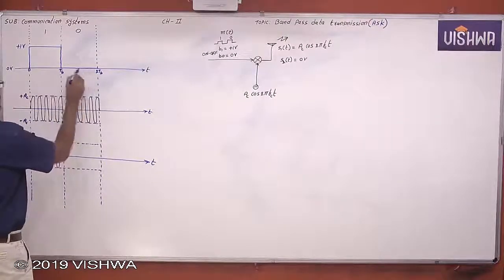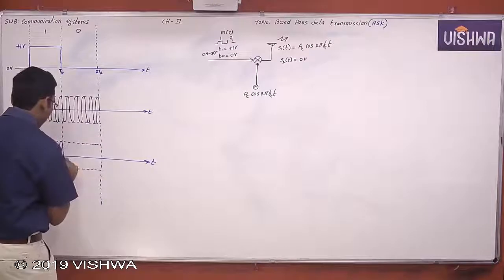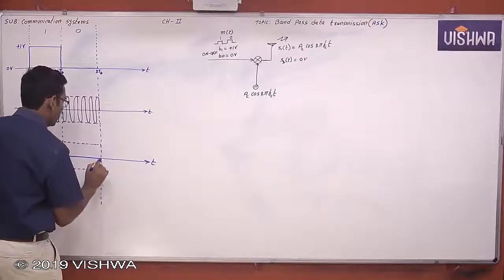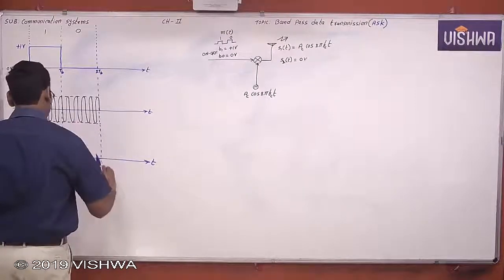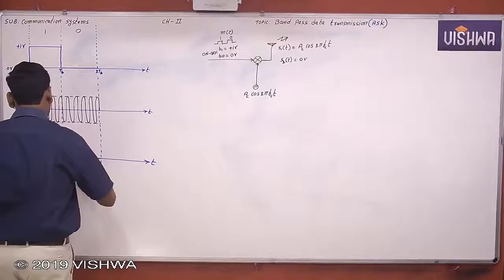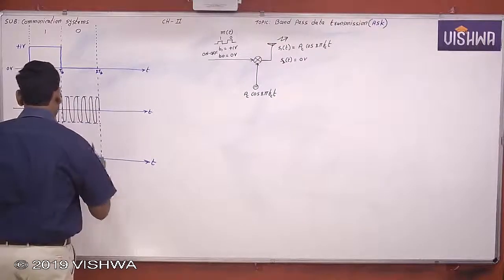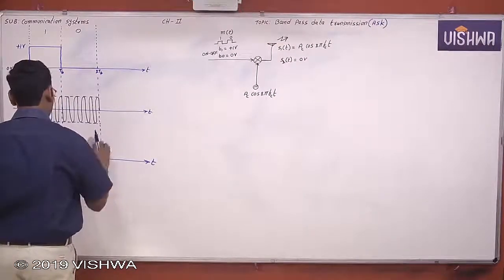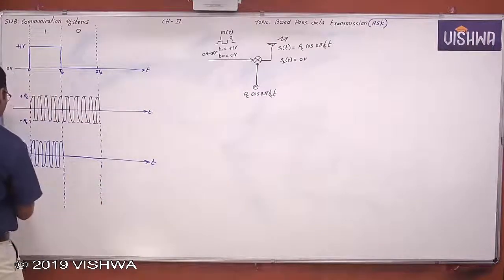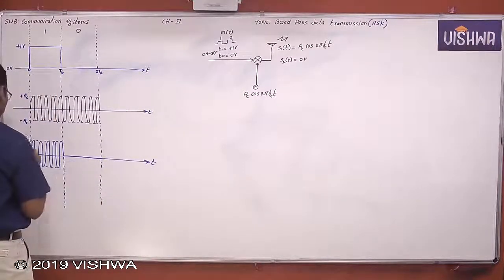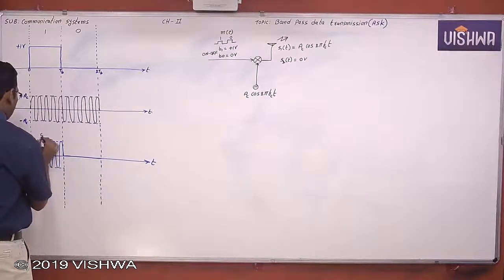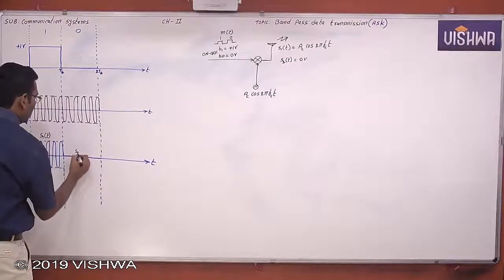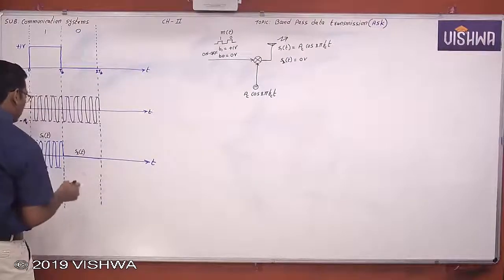AC cos 2 pi FC t multiplied with 0 volts gives 0 volts. So S1 of t is AC cos 2 pi FC t, and S2 of t is 0 volts.